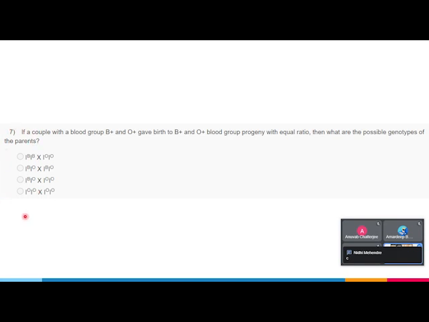Nidhi says it is C, IB-IO and IO-IO. Anyone else? Shreya also says it is C, IB-IO and IO-IO. Okay.